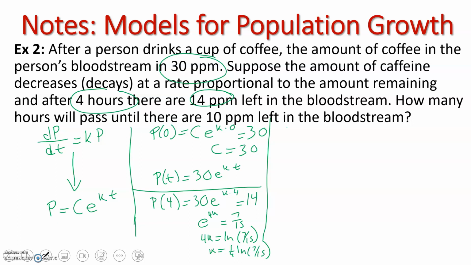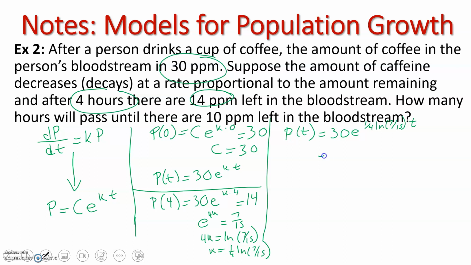So this gives us that the amount of caffeine in the bloodstream, P of t, is 30 e to the power of our k, this 1/4 ln of 7/15, times t.